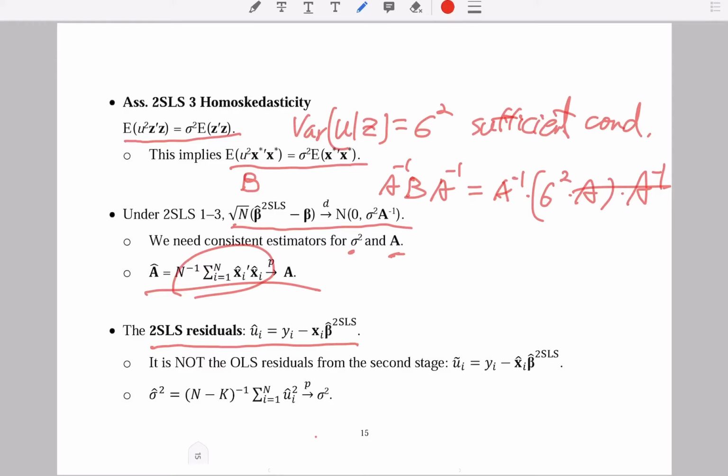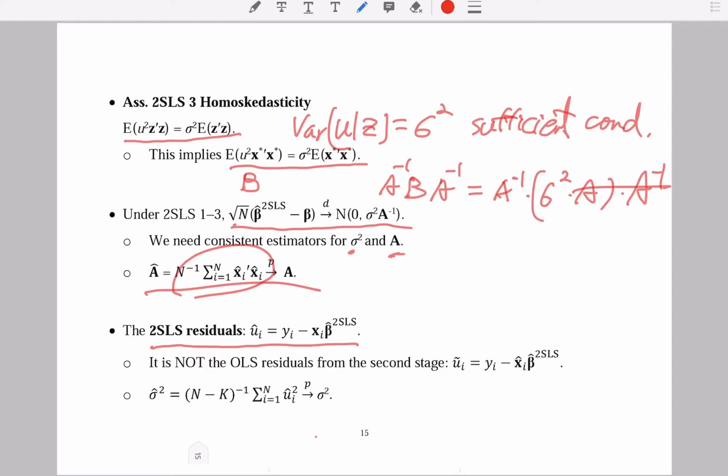Importantly, these two-stage least square residuals are not the OLS residuals from the second stage regression. So if you run a two-stage least square by hand, so you run the first stage, then you plug in and regress y on x hat, the standard errors or the residuals from the second stage are not correct.